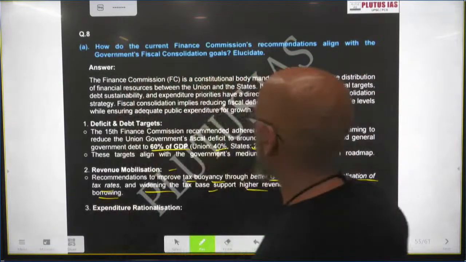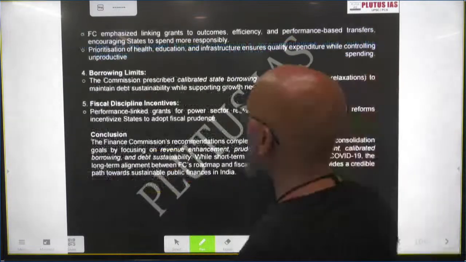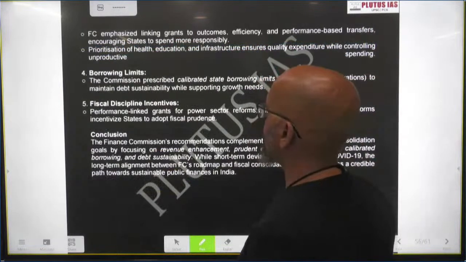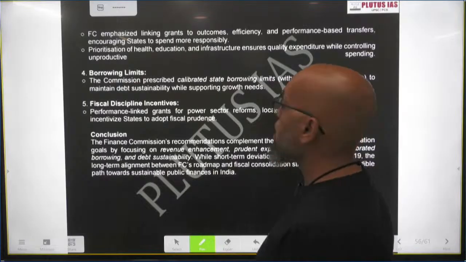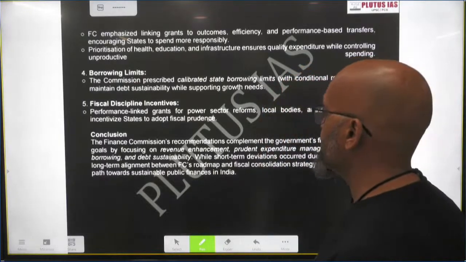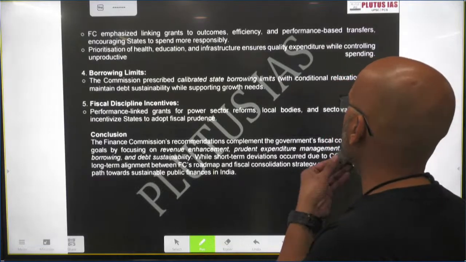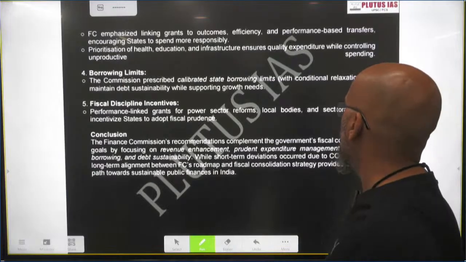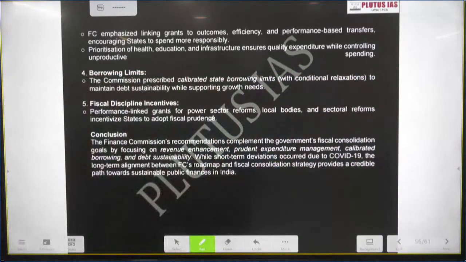Then expenditure rationalization. So the Finance Commission emphasized linking grants to outcomes, efficiency, and performance-based transfers, encouraging states to spend more responsibly. Prioritization of health, education, and infrastructure ensures quality expenditure while controlling unproductive spending.